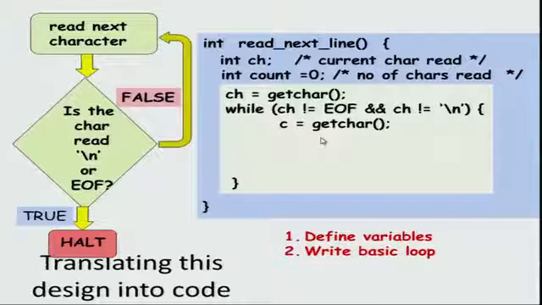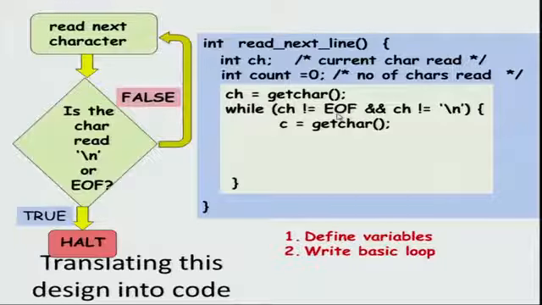A small point here is that getchar returns an integer. Okay. This is a technicality because end of file is -1. ASCII characters, if you remember, go from 0 until 127 or something like that, whereas end of file is defined to be -1.